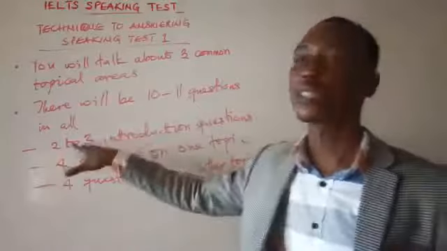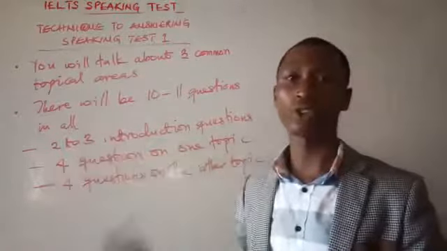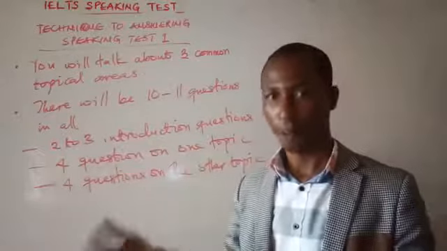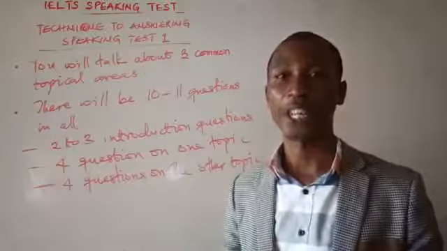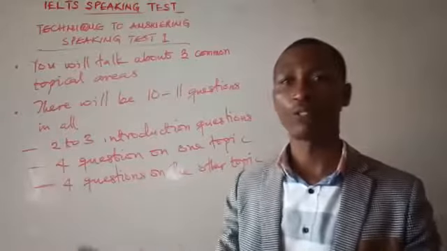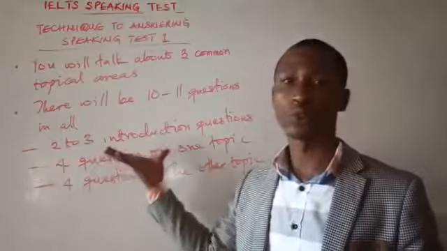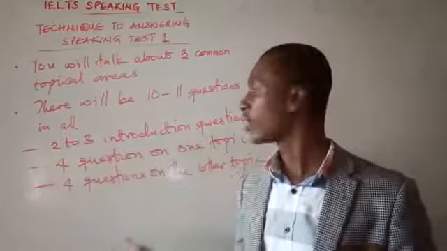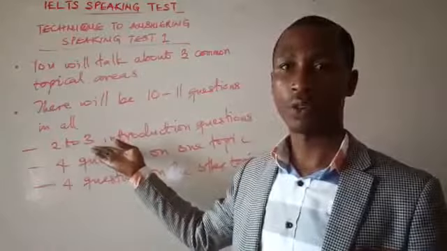So in the introduction, there will be about 2 to 3 questions about your name, where you come from, or spell your name, how you prefer to be referred to. Those tiny ones, so you know how to introduce yourself better.